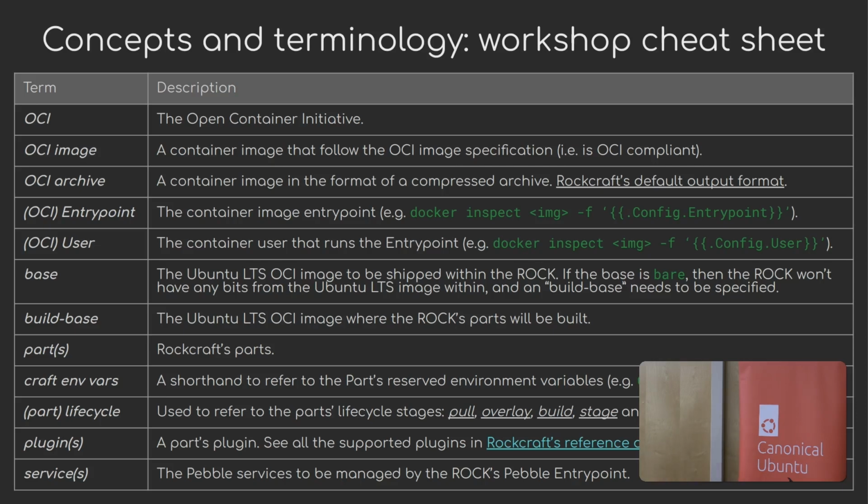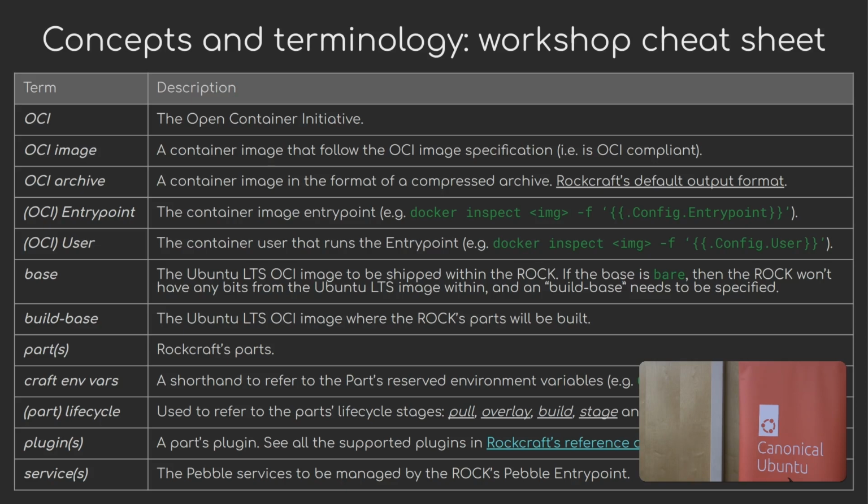Parts, we just talked about them, that life cycle. And we might not need too much of this, but just for the sake of being complete, we have craft environment variables. So Rockcraft accepts a certain amount of predefined environment variables that anyone can use to help out with the building process and staging process.